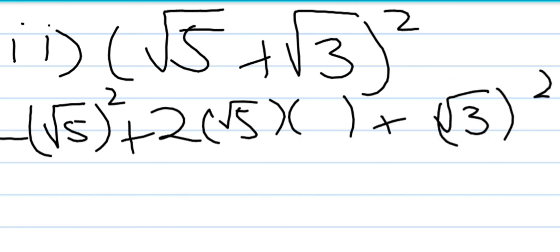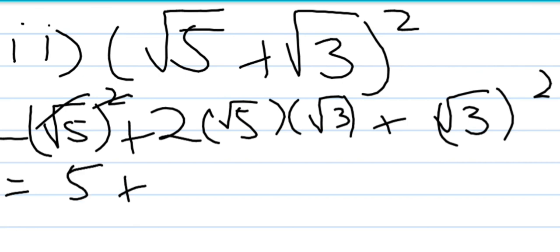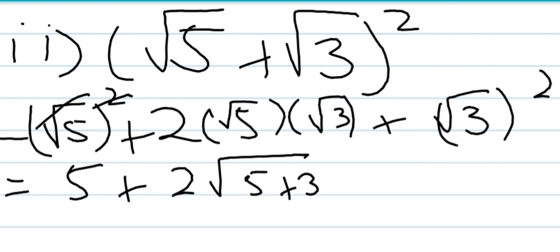So b is under root 3, so we'll write here under root 3, is equal to 5, the square will be cut, 5 plus 2 into 5 plus 3, because the sign is multiply, when we combine them we will add the numbers.